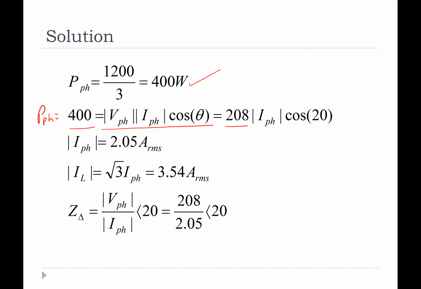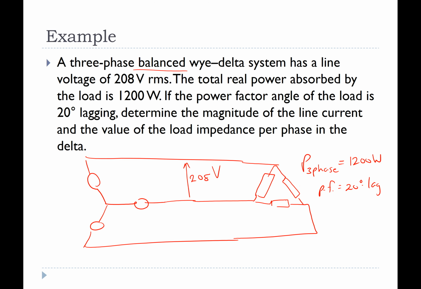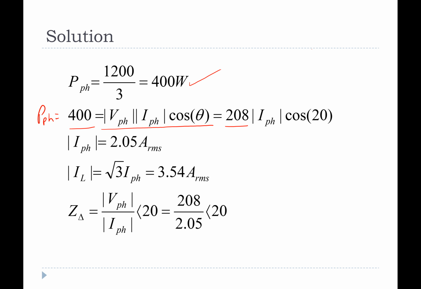208, which is my line-to-line voltage, but we said it is the phase voltage we need. But remember that the phase voltage, which is the voltage across here, is the same as the line voltage for the delta. So in this case, V phase is equal to V line.